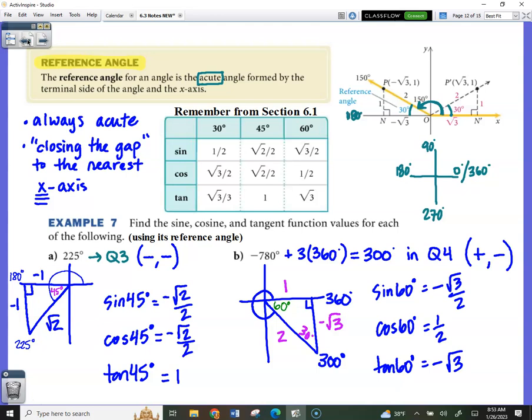I can't tell you the trig value of negative 780 in my head, but I can calibrate it down to between 0 and 360, figure out my quadrants so I know my signs, and then think of my reference angle, and then I can tell you the trig values.